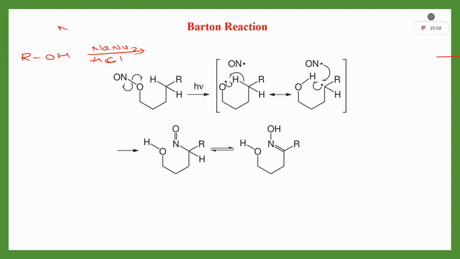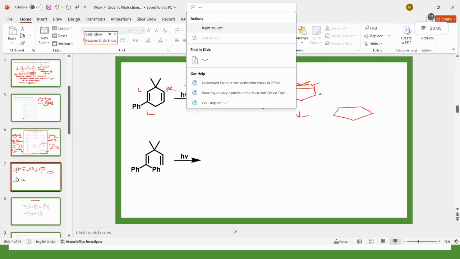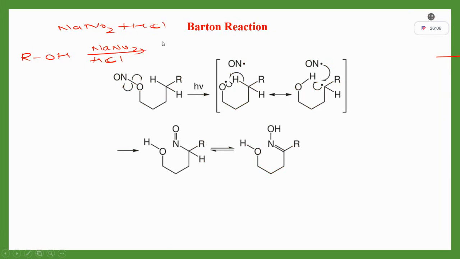You all know NaNO2 in presence of HCl will give HNO2. And ROH, basically alcohol, on reaction with HNO2 will give you RONO.